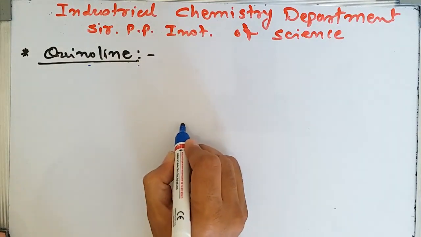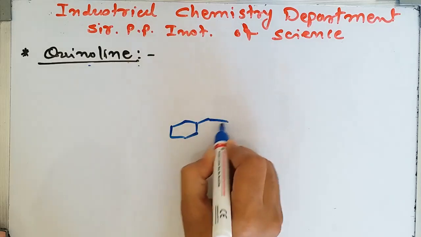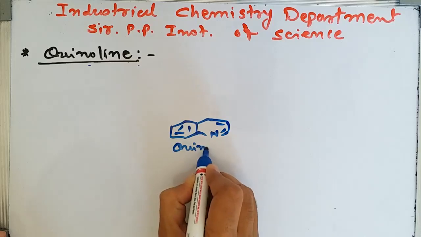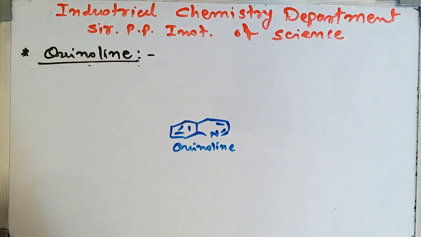I write down quinoline in center. Quinoline, most of tertiary amine, forms salt with inorganic acids and quaternary salt with alkyl halides.